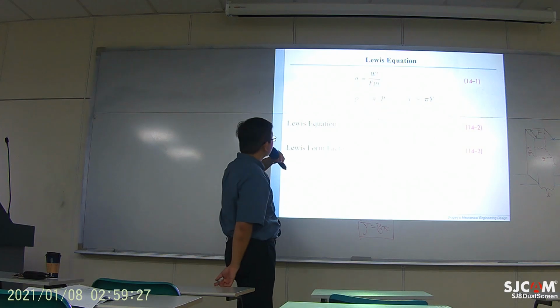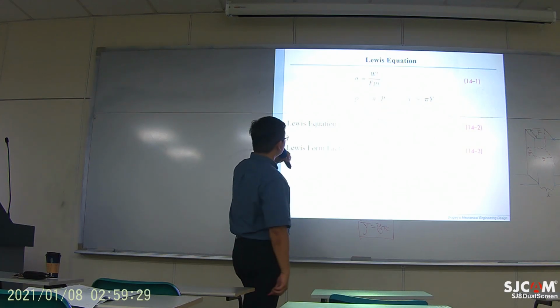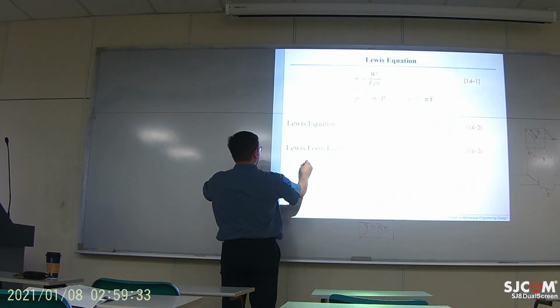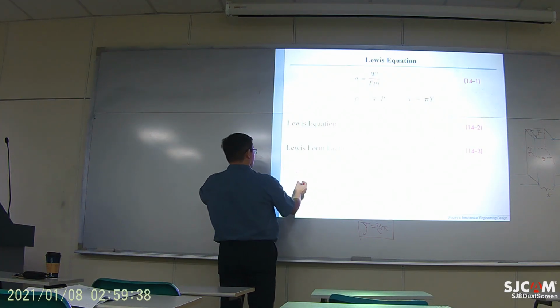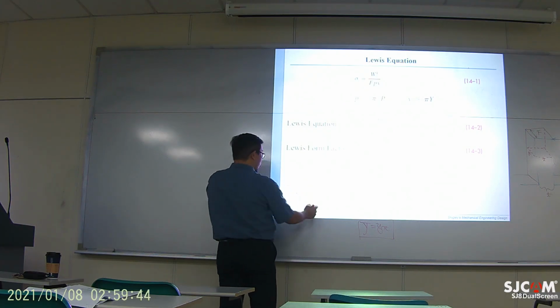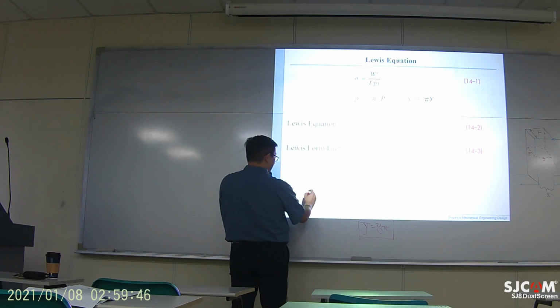So let's try to plug in and make sure we're doing this right. So we have stress equals Wt over F p small y, right? And the small y equals capitalized Y over pi.